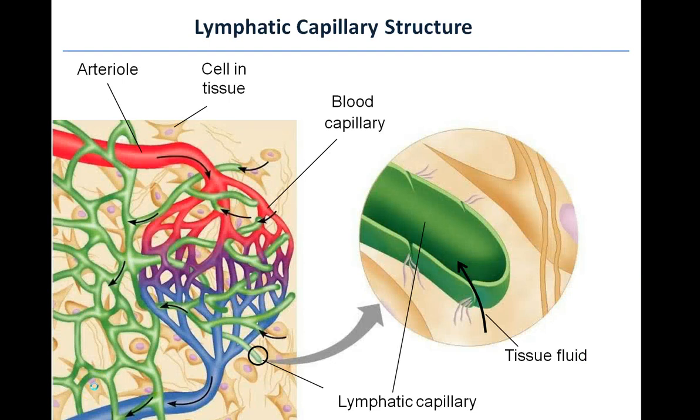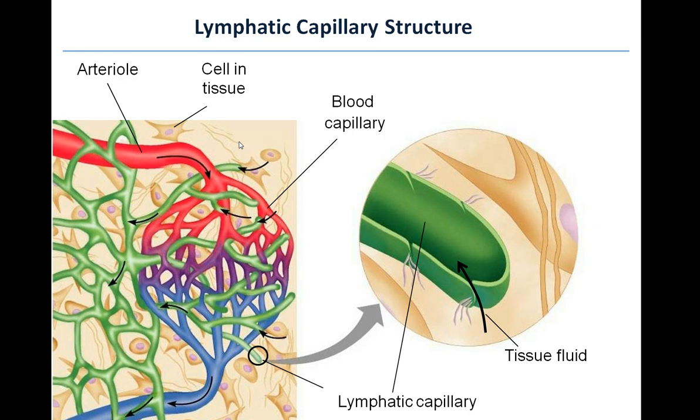This slide here is a good slide to highlight the structural and functional relationships of capillaries of the cardiovascular system with those of the lymphatic system. Here we have the cardiovascular vessels, a vein, capillary bed and an artery, and the blood will flow in via the artery into the capillary bed and out via the vein. It's in this region here, the capillary bed, where the fluid in the blood under pressure will seep out into the tissue spaces.